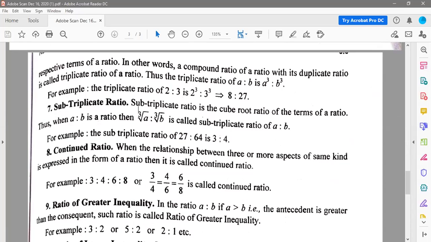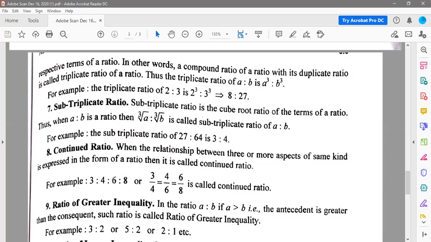Then continued ratio. When it comes to continued ratio, you will have the ratio in this format where after the first number, the in-between numbers will be continuous, because more than one term of the ratio will be the same. If you solve this, 3/4 is one ratio. The second ratio will be repeated with this 4:6, so that will become 4/6.